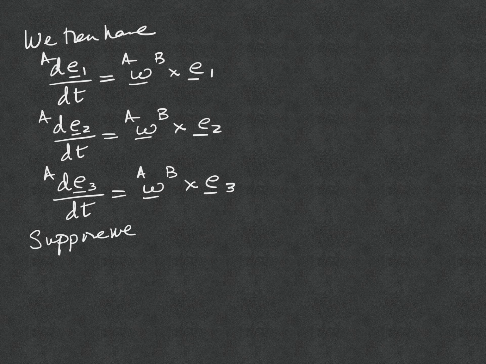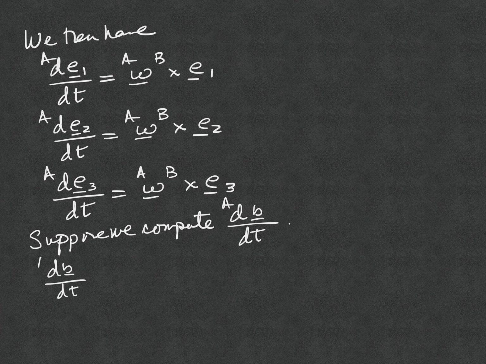Suppose we compute dB/dt in A. So what do we get? dB/dt in A is going to equal, well, remember that B was equal to B1 E1 plus B2 E2 plus B3 E3.